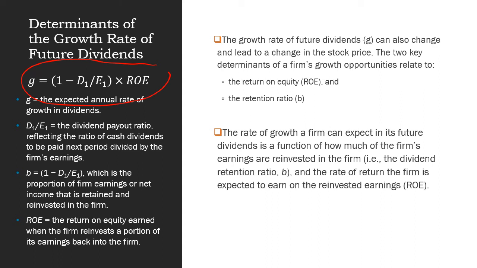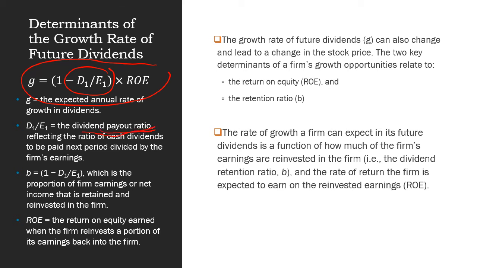G is equal to 1 minus D1 divided over E1, multiplied by ROE. So D1 divided by E1 is basically the dividend payout ratio.